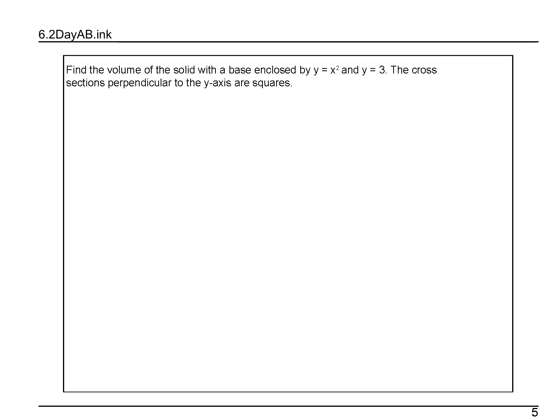All right, so this one again, find the volume of the solid with a base enclosed by y equals x squared and y equals 3. Now the cross sections perpendicular to y are squares. So we start by graphing the x squared and the 3.